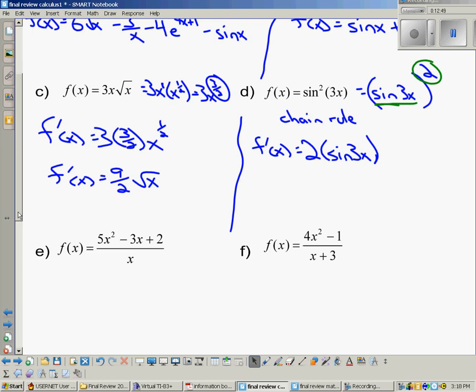So the derivative of sine 3x, well, derivative of sine is going to be cosine of 3x. And we're going to need chain rule again, because it wasn't just x, it was 3x. So times the derivative of 3x, which is just 3.